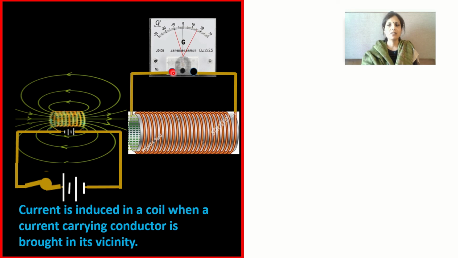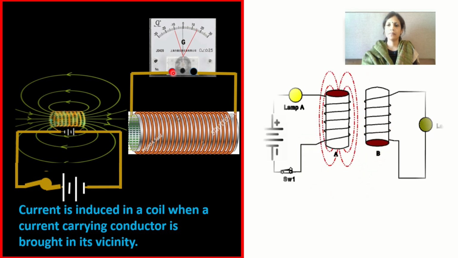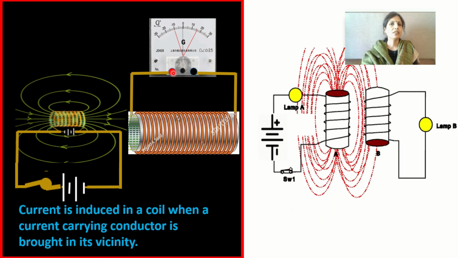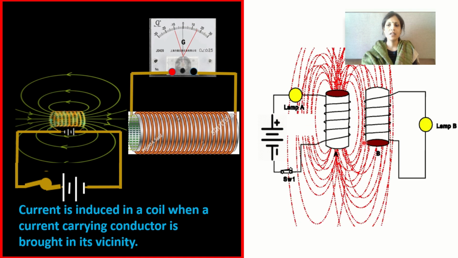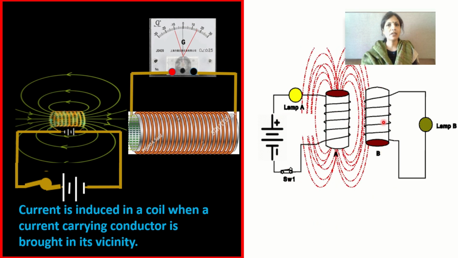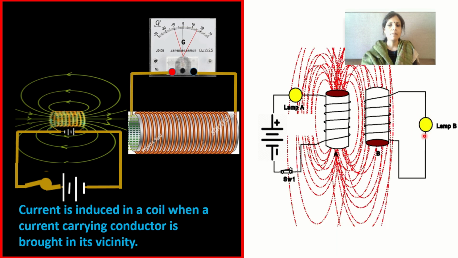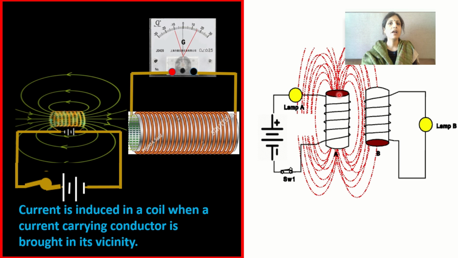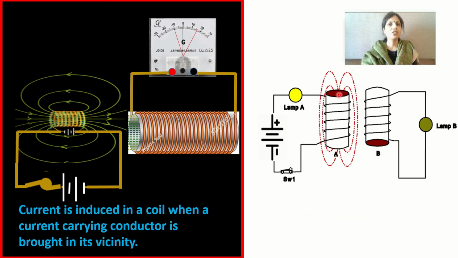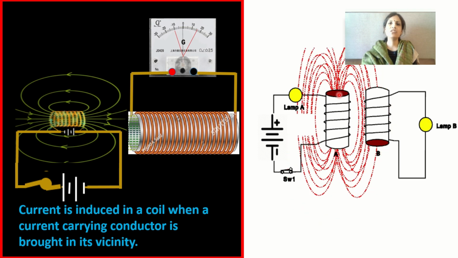Have a look at this, children. See, the magnetic field is produced around a coil when you pass electric current through it. The adjacent coil is not attached to the battery, but then also you can see that the bulb is glowing, because this tap key is continuously pressed down, up, and due to that there is change in magnetic field, and that change in magnetic field is glowing the bulb.